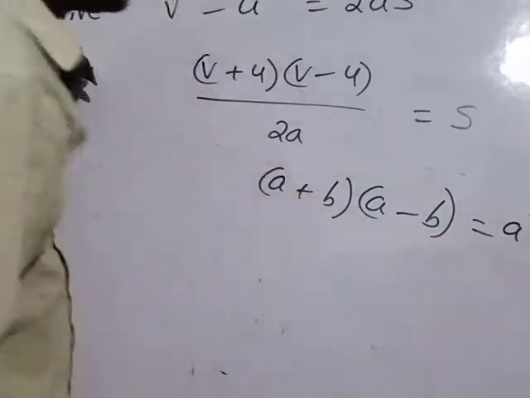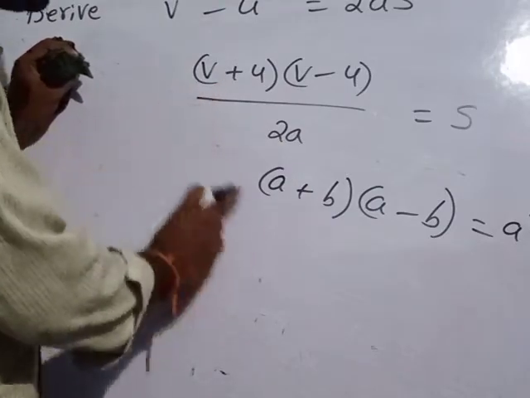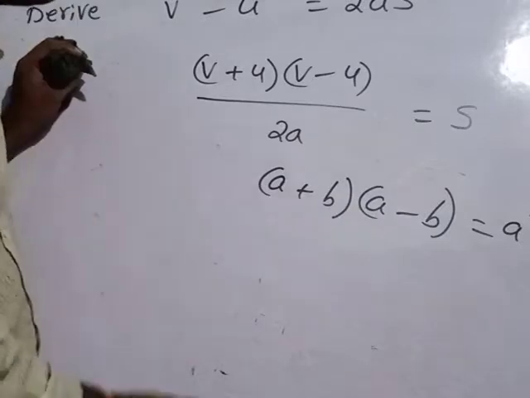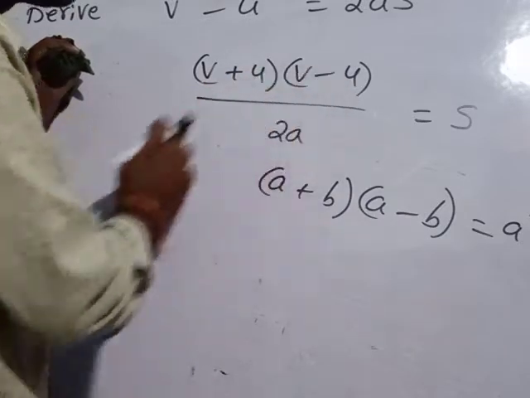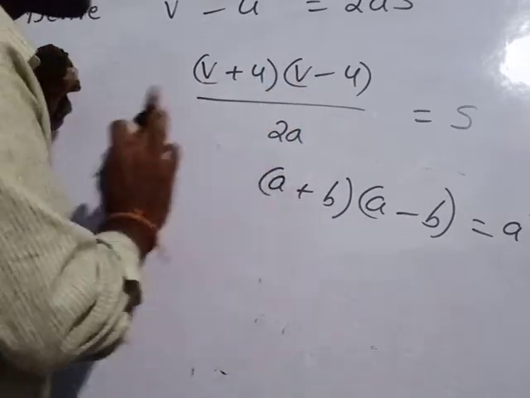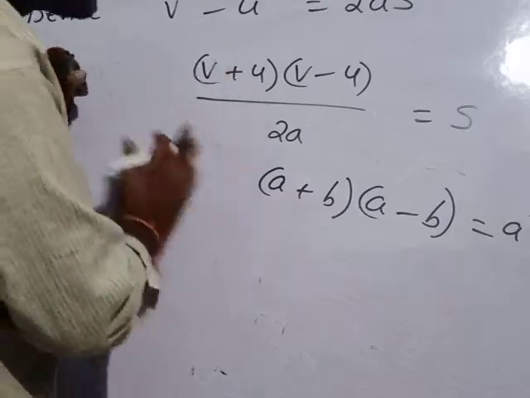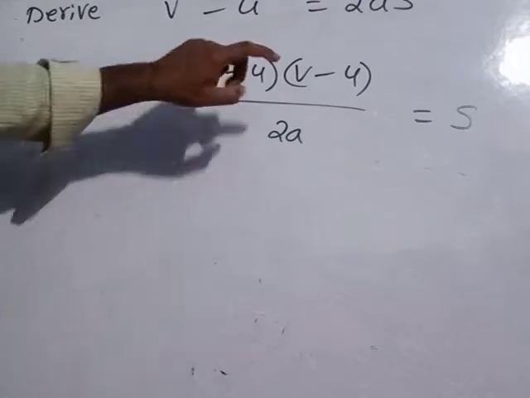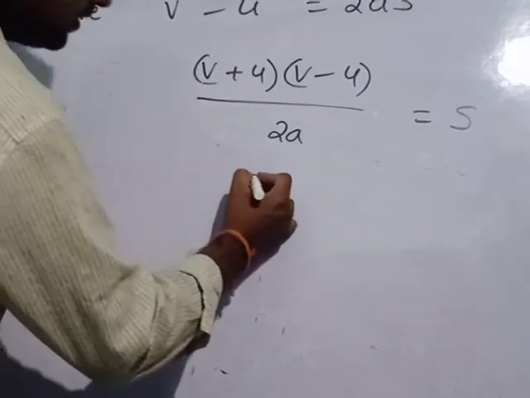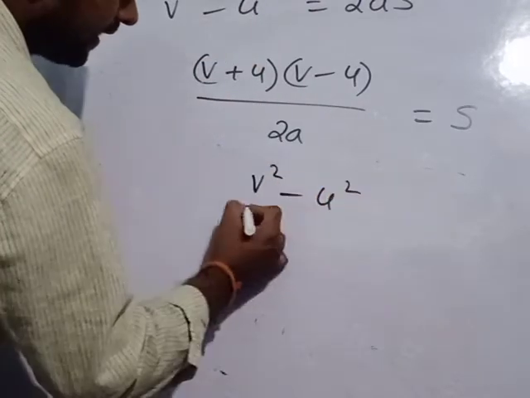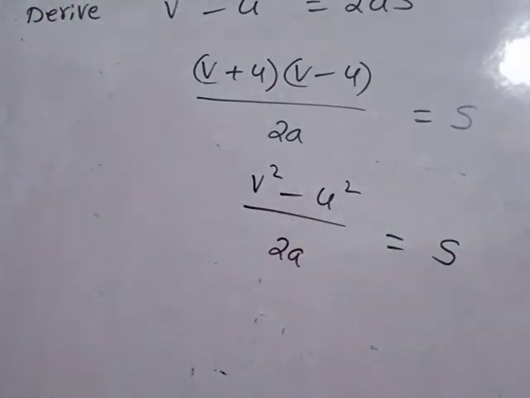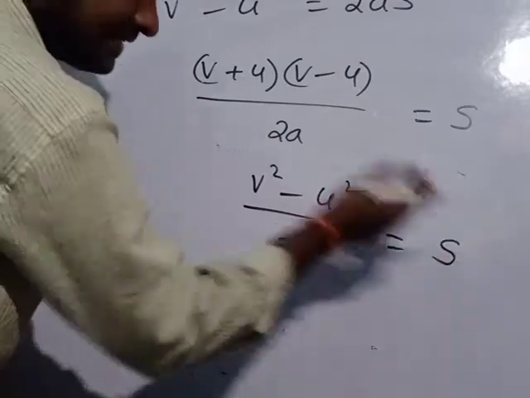By using this formula, here V plus U into V minus U, again by using this formula, V square minus U square. Clear? So V plus U into V minus U is equal to V square minus U square by 2A is equal to S.